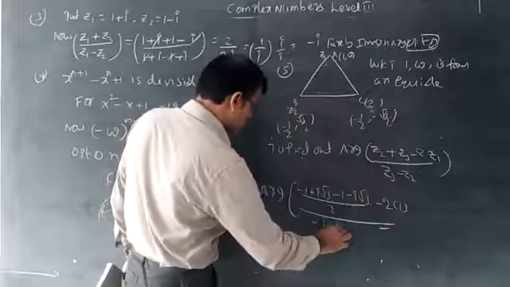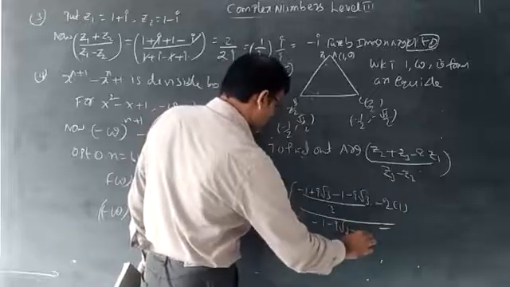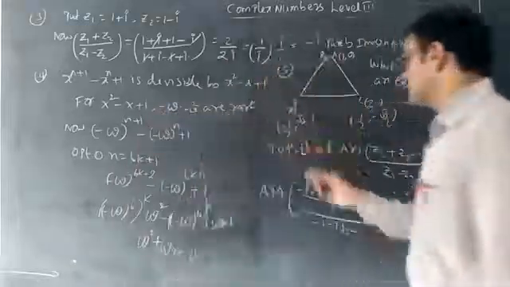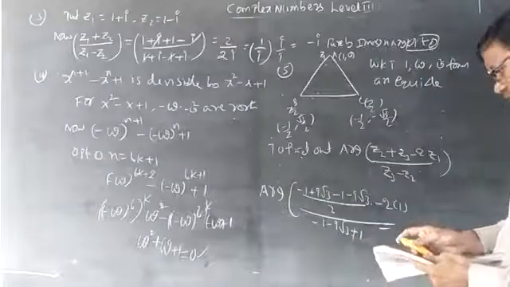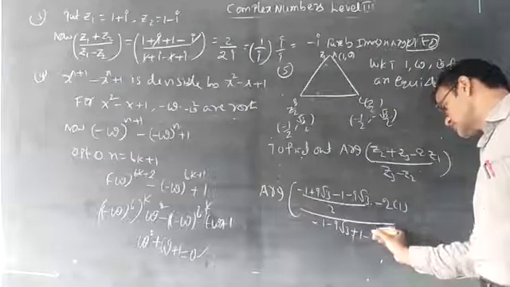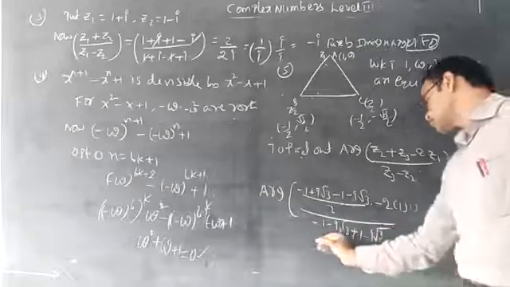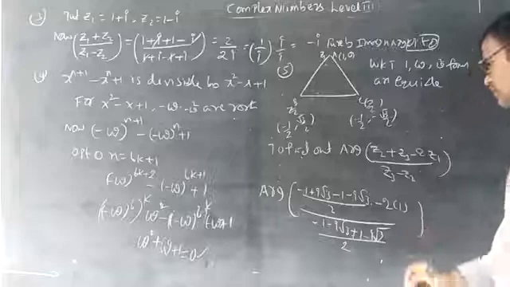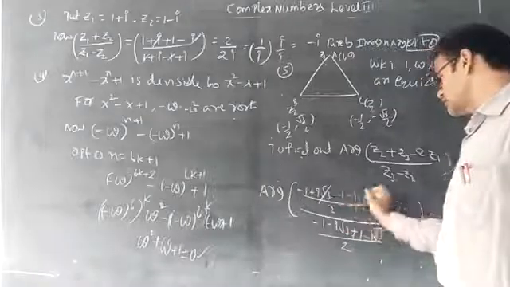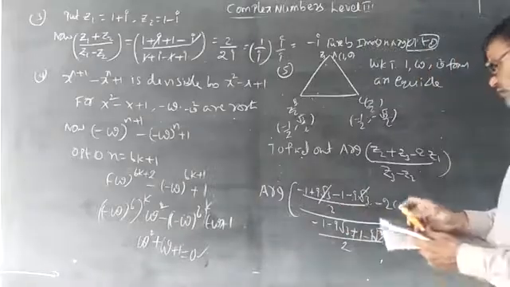So this is minus 1 minus i root 3, and minus of minus becomes plus 1 minus i root 3, plus 1 minus i root 3, whole by 2. Now here the minus 1 and the i root 3 get cancelled.